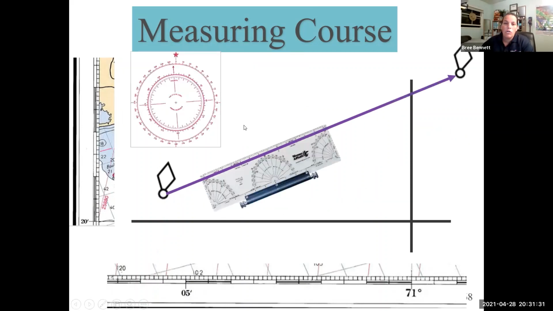Okay, so we have 3 tools that we are measuring. So we have a course that we drew from a buoy to a buoy. It goes across the chart, and I want to measure the angle of it. I want to know what the degree measurement is. So using one of the tools, in this case, we have our roll plotter.